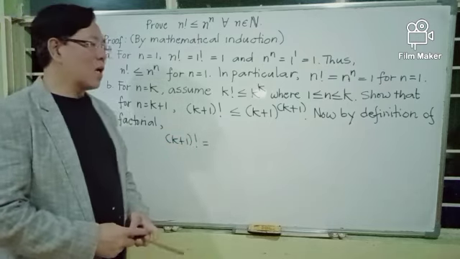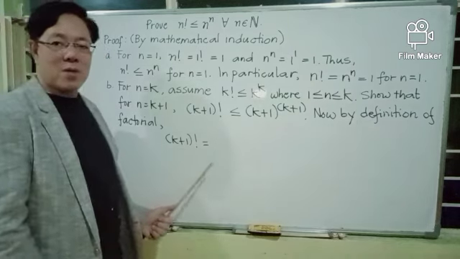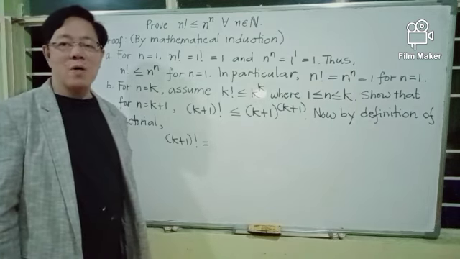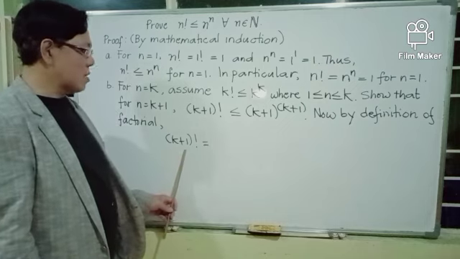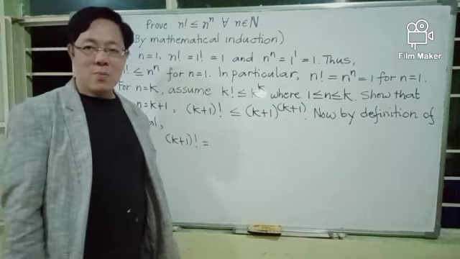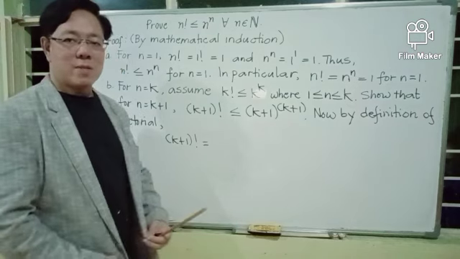By definition of factorial, k plus 1 factorial is equal to the product of all the positive integers from k plus 1 down to the smallest positive integer 1.